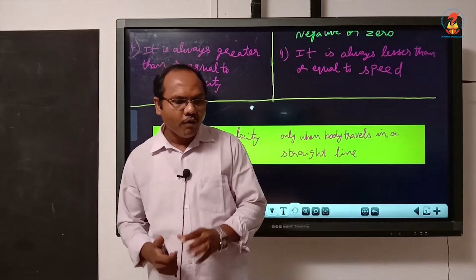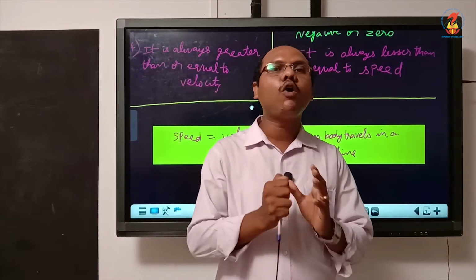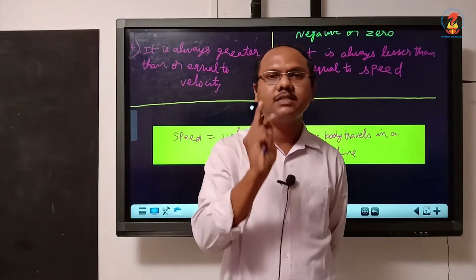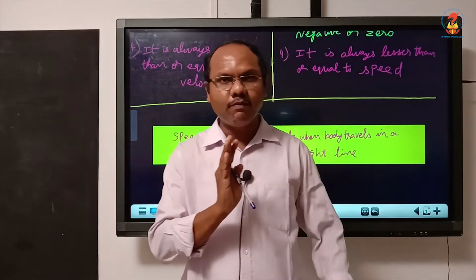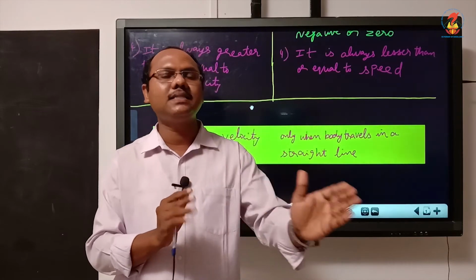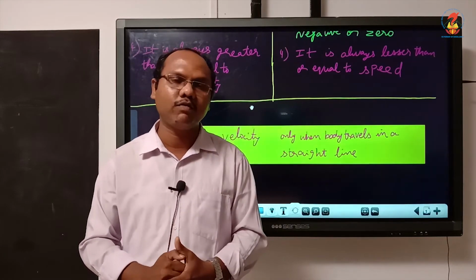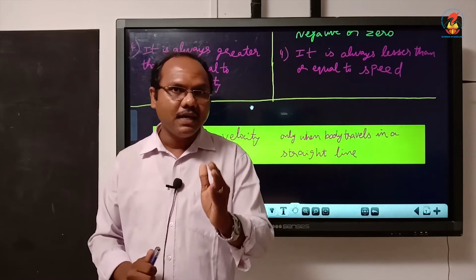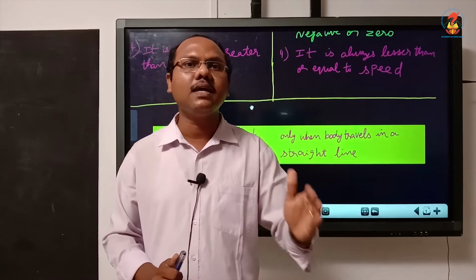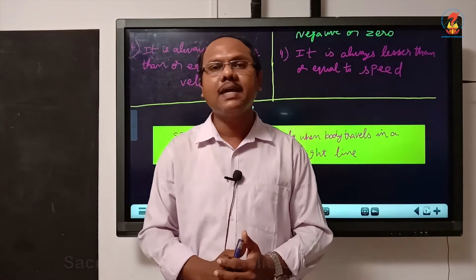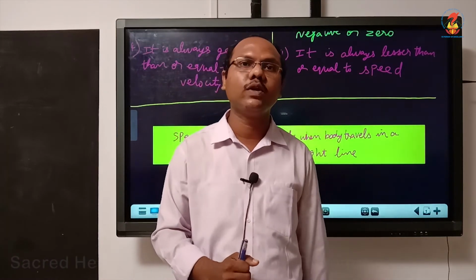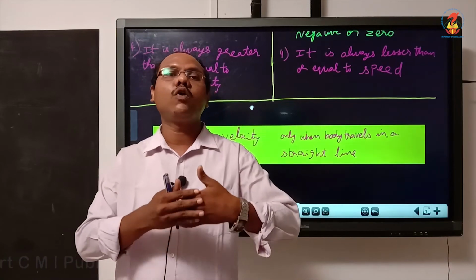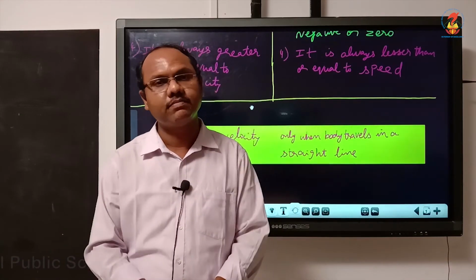Now, when can we say that the body is moving with uniform speed? The body is moving with uniform speed if it travels equal distance in equal intervals of time. Now, when can we say that the body is moving with variable speed?